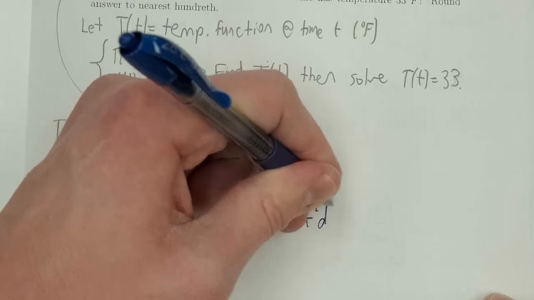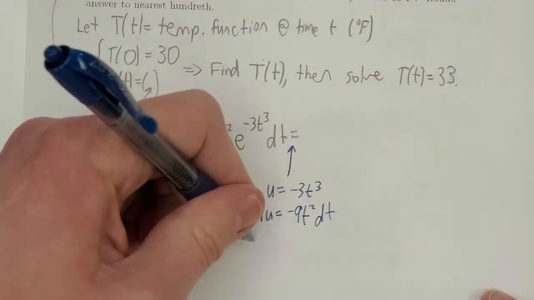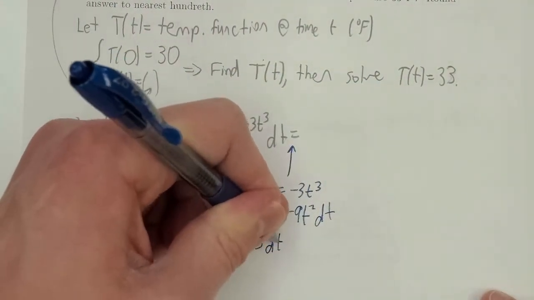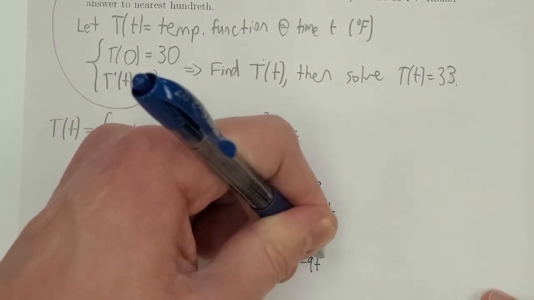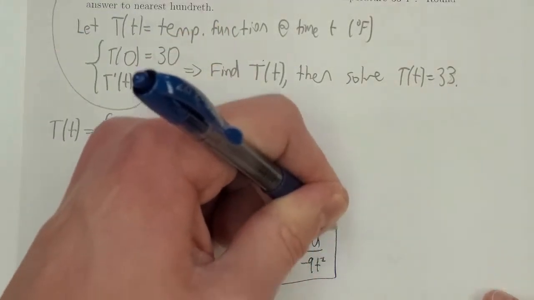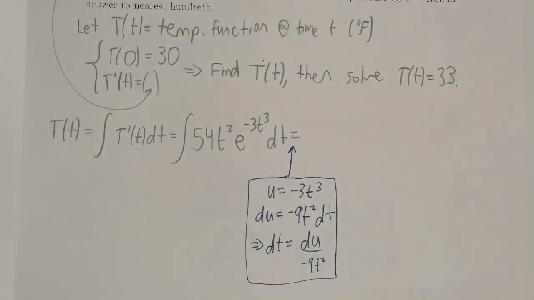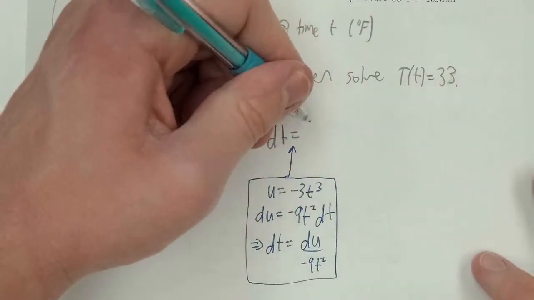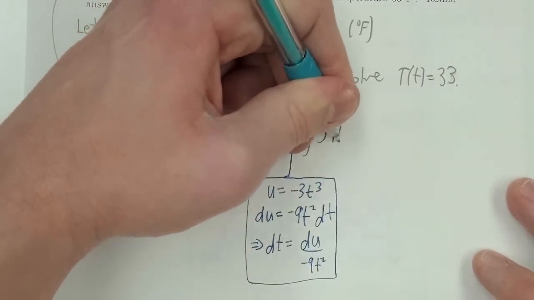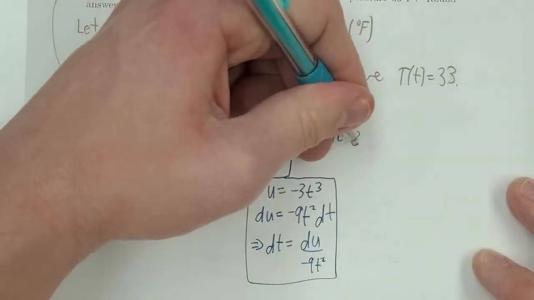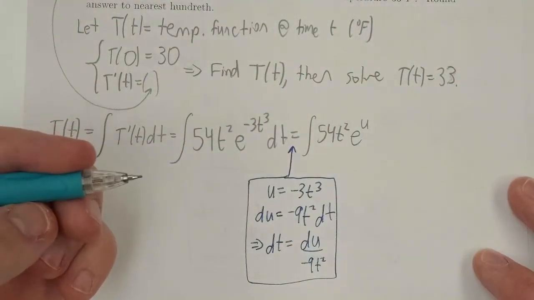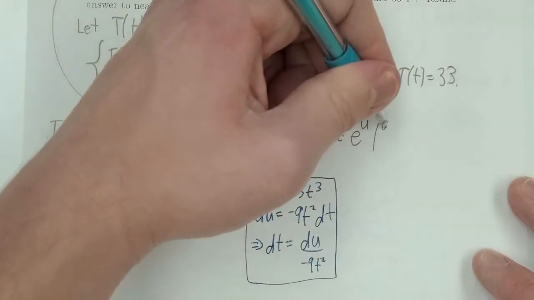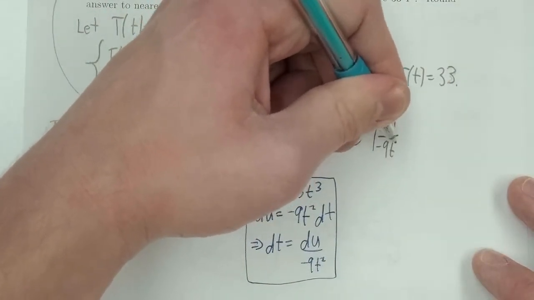So if we then solve for dt in this case, because that's our input variable, then we have du over negative 9t squared. So, taking that into account, we have 54t squared times e to the u, because that's our negative 3t cubed expression now. And then we have dt, which is then du over negative 9t squared.